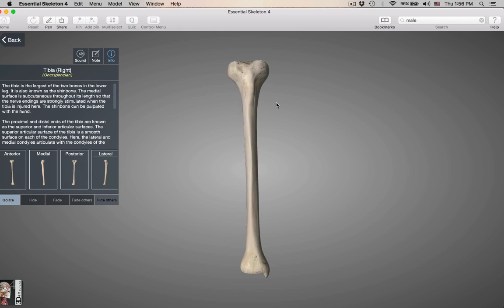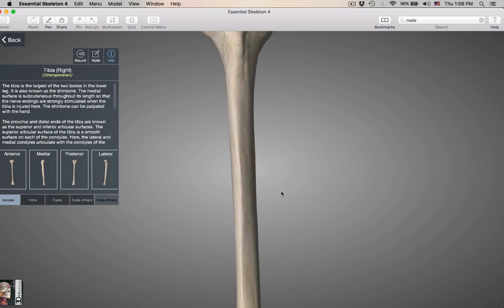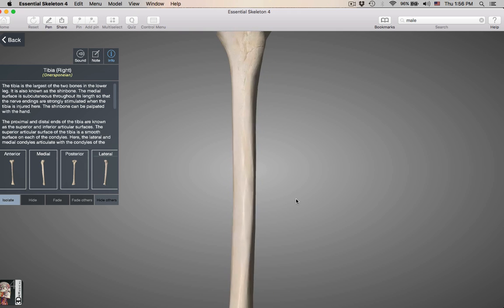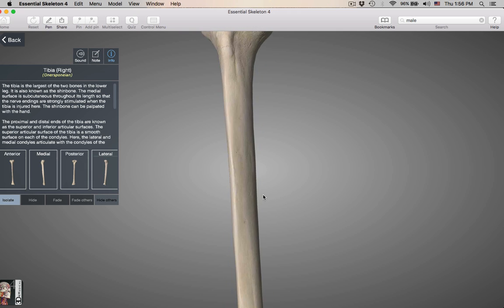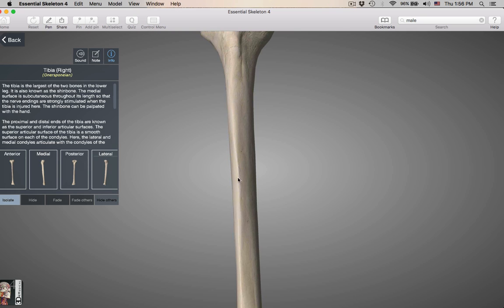So what else do you need to know on the tibia? The anterior border, or the shin, is another way to know it's in the front. You can feel it on yourself. When you feel it, you can feel that sharp edge of that bone. There are no muscles over the anterior border.